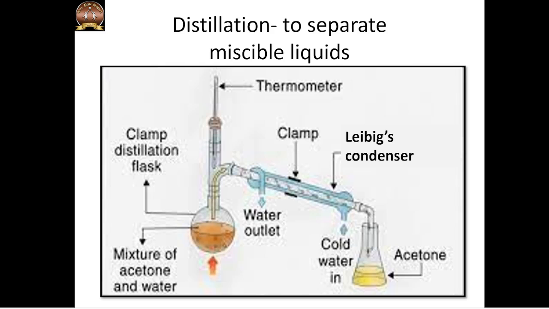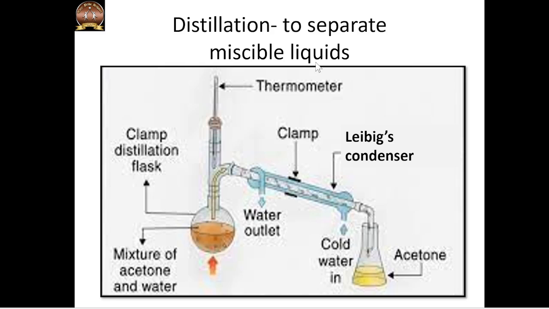Distillation makes use of the difference in the boiling points of the components of a mixture. So when the liquid components of a miscible liquid-liquid mixture have different boiling points, we use that to achieve the separation using the distillation apparatus.